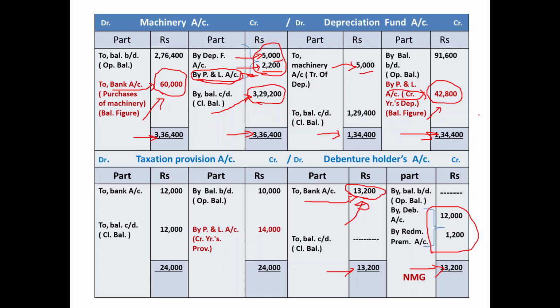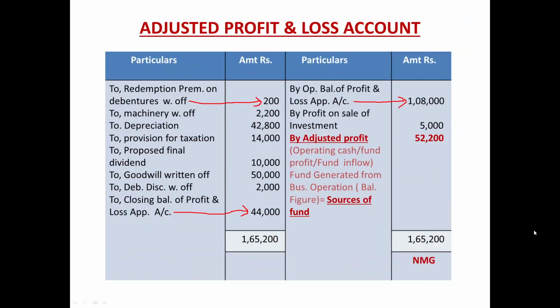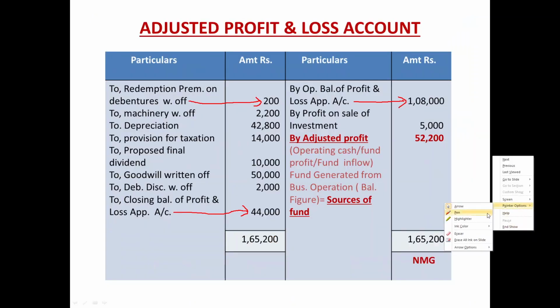As well as this current year's depreciation 42,800. It is also a non-cash item. You know the nature of depreciation. So both these items having the narration of profit and loss account will be added back in the adjusted profit and loss account. Have a look.